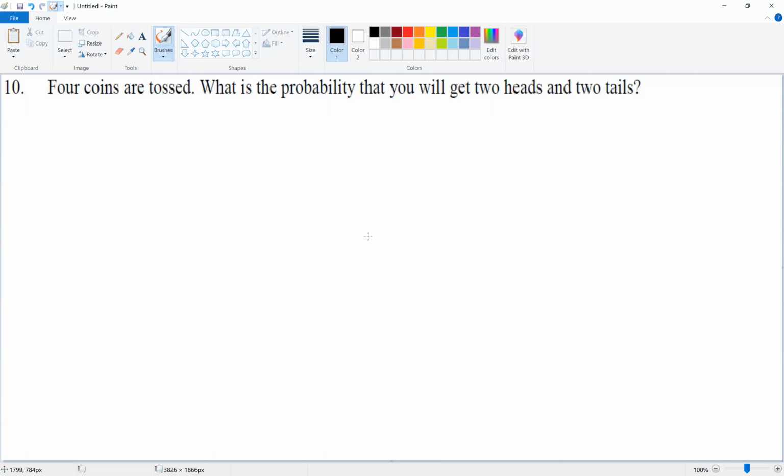Go ahead. What was your method, Isha? I just tried it right now. It says 4 coins are tossed. What is the probability that you'll get 2 heads and 2 tails?